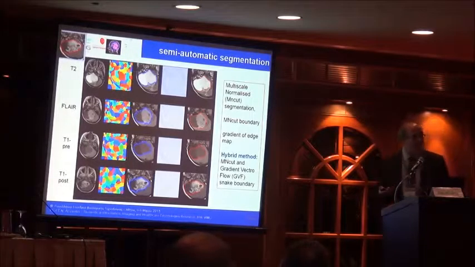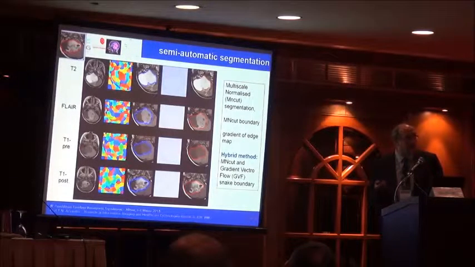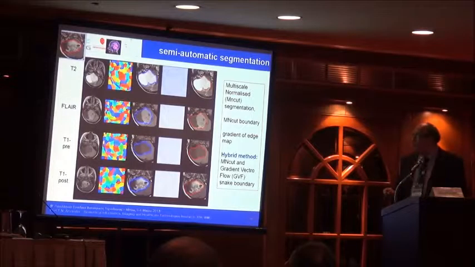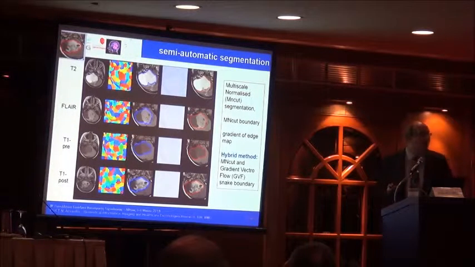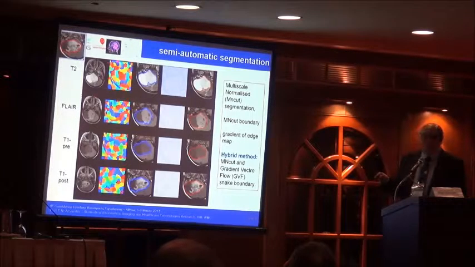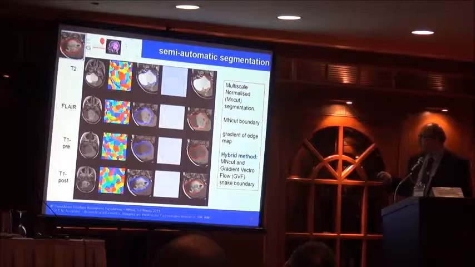So what we have done is we looked at the different segmentation techniques, but we came up with an approach that combines a normalized multi-scale graph-based segmentation. So we use a graph theory approach to segment visually the tumors of the different images. Then we use the outline based on the segments to identify in the best possible way the outline of the tumor, through an integration between that and the typical gradient edge map.